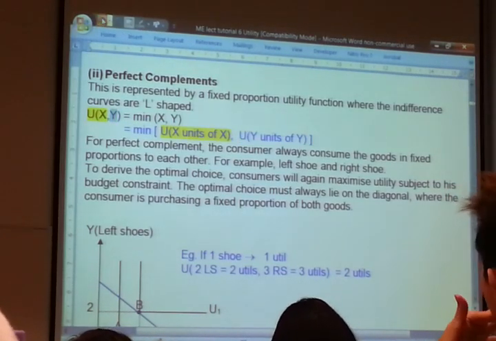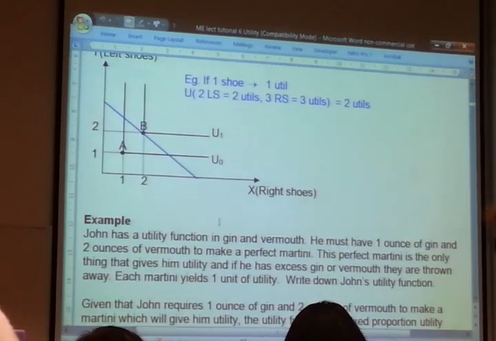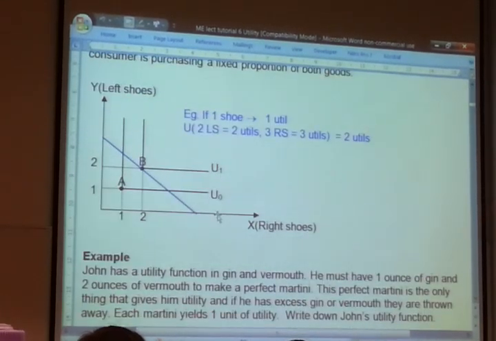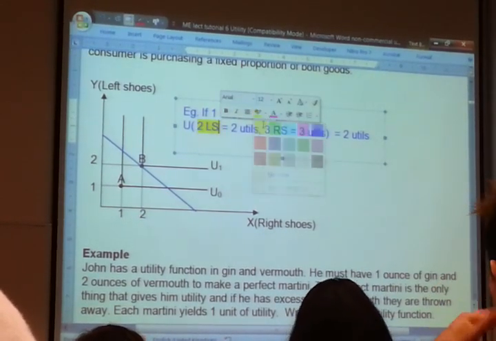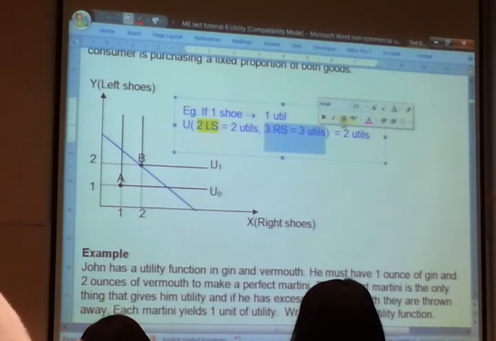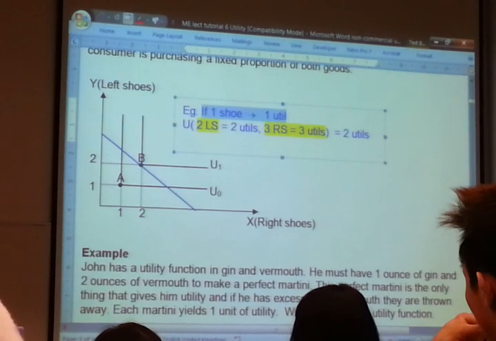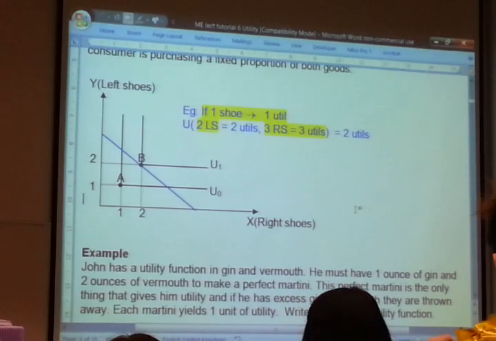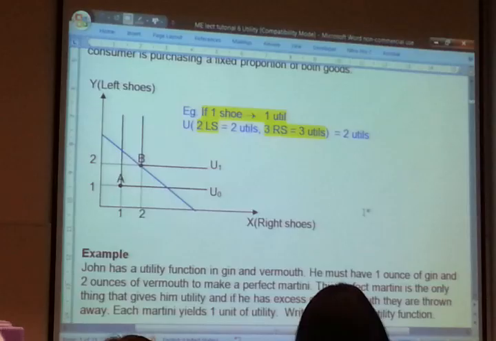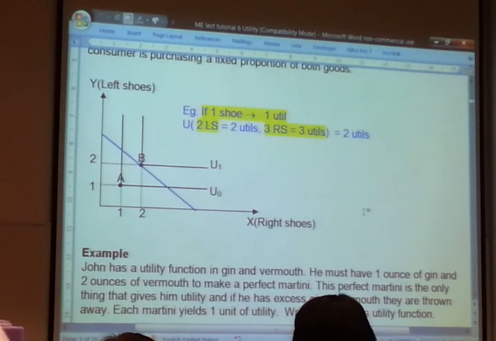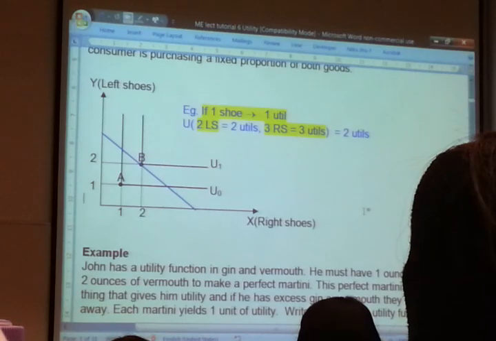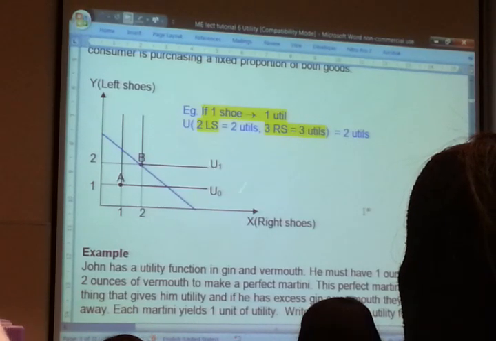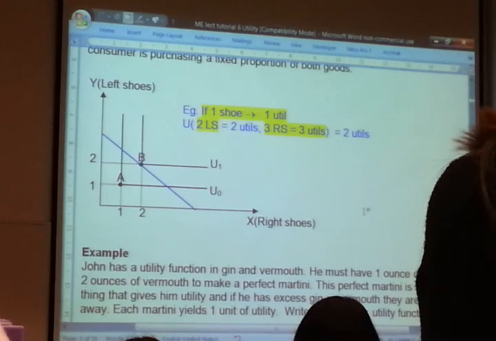Because, for instance, if this person has 2 left shoes and 3 right shoes, and suppose every shoe gives you 1 unit of utility, the utility should be based on 2 left shoes or 3 right shoes? 2 or 3.